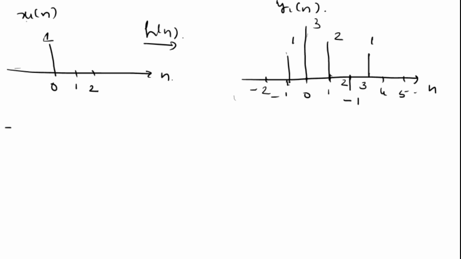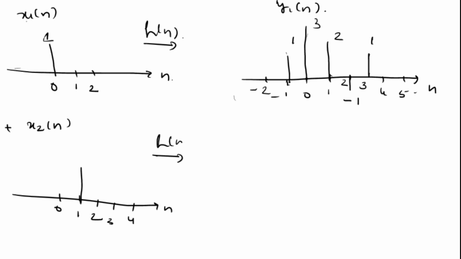Then x2 of n, the signal is present at 1 with amplitude 1. Multiply with h of n, we have to shift the signal by 1 unit in right direction.